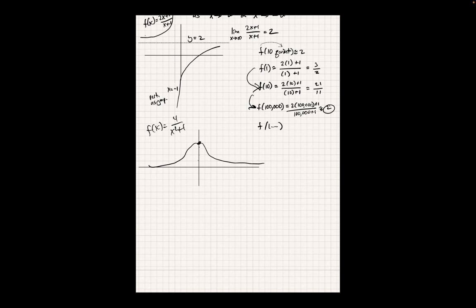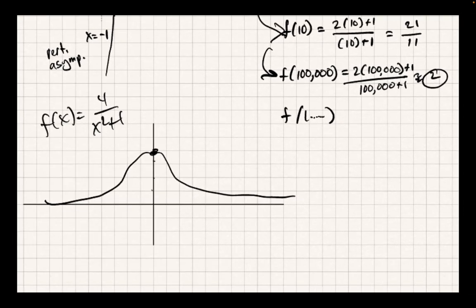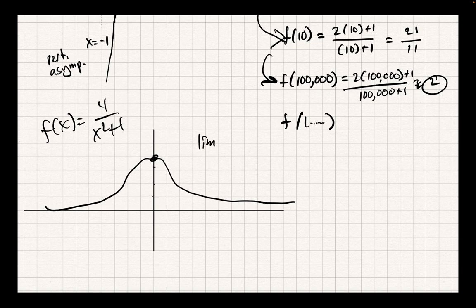So, can we think about what happens to the value of f of x when x approaches infinity? What is 4 divided by 50 quintillion squared plus 1? 0.